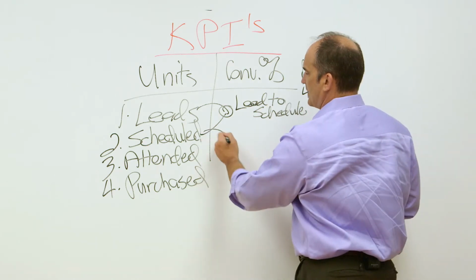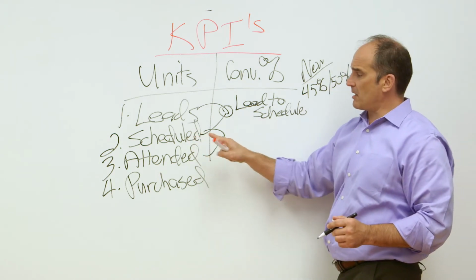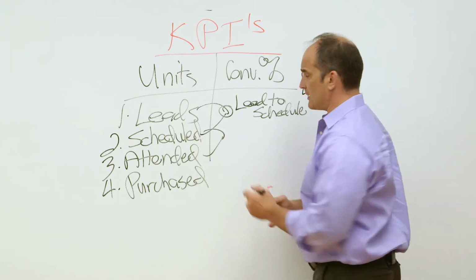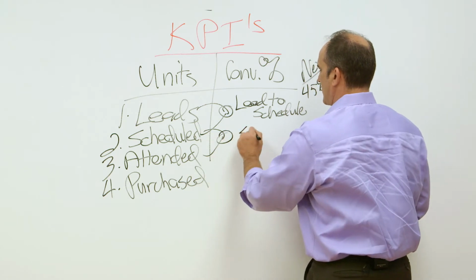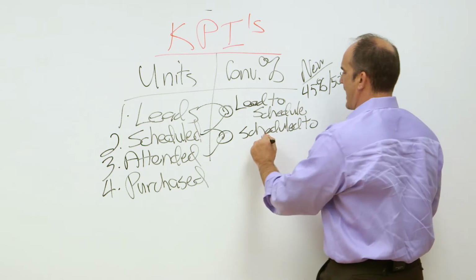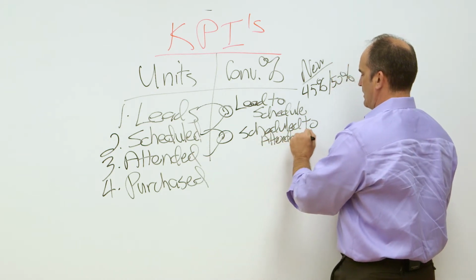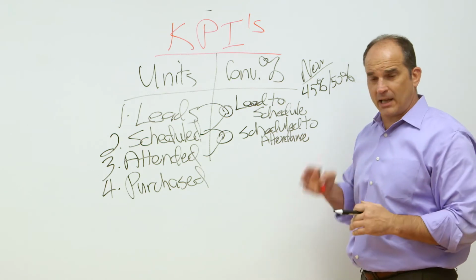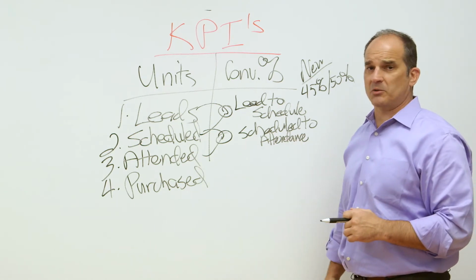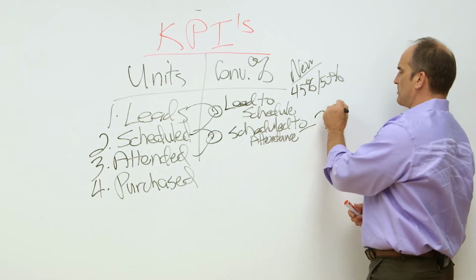Next thing you need to understand is how many of my scheduled appointments actually showed up and attended their appointment, all right? That's my scheduled to attendance rate. Now, with new patients, again, just focusing on the new patient acquisition process, that number is generally going to be around 70%.